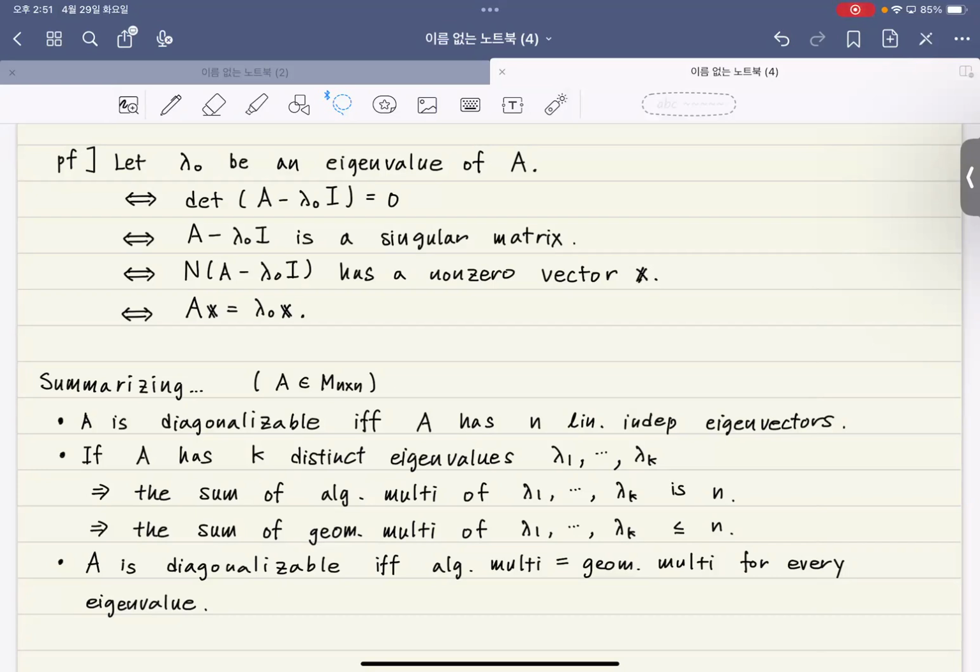What we know so far is that diagonalization is very nice, but it is not always possible. Actually, diagonalization is almost always impossible, because all these distinct eigenvalues must satisfy this equality. Only in such an extreme case can A be diagonalized.